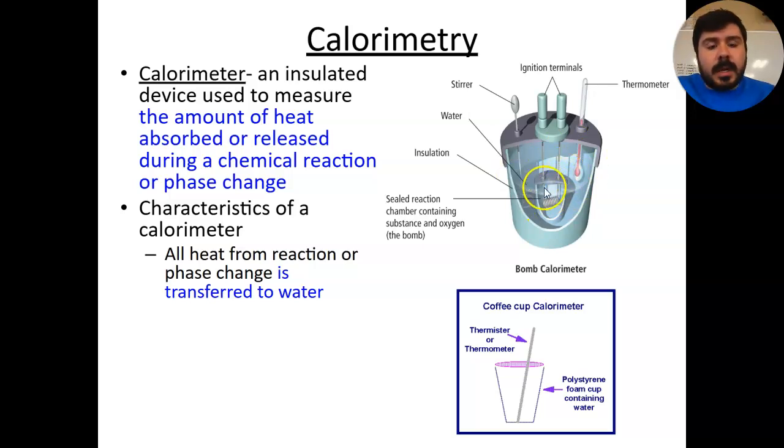So the change in temperature that occurs here is measured from the water. Any increase or decrease in temperature based on the reaction happening inside of that little sealed chamber in the center is going to impact the temperature of the water, which will then be recorded using this thermometer here. And you're able to measure that temperature change.